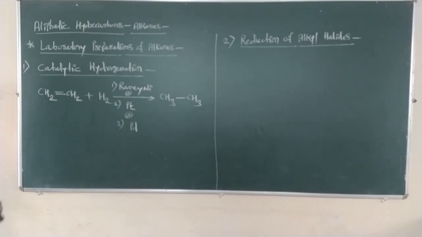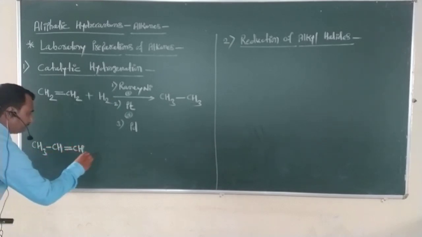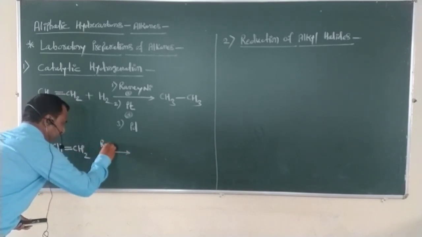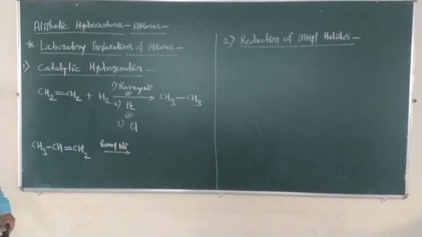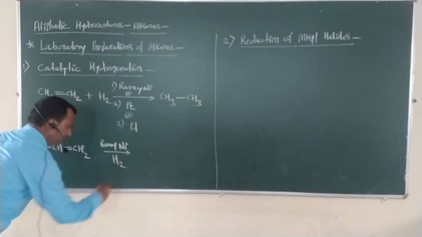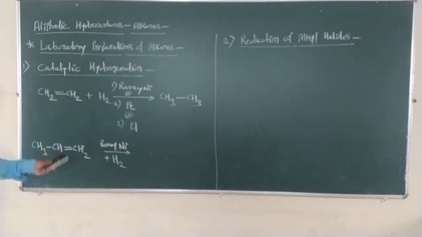Now let us study the next simple example. For example, if I take CH3-CH=CH2, and again for example, if I take the catalyst as Raney-nickel. Now what happens? Again we have to take H2, that is molecular hydrogen. We add this molecular hydrogen across this carbon-carbon double bond.